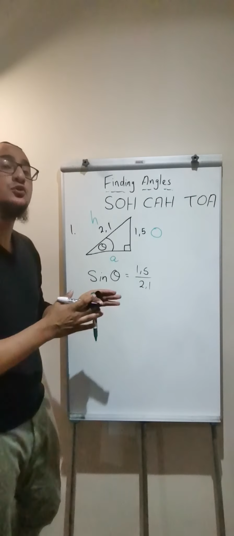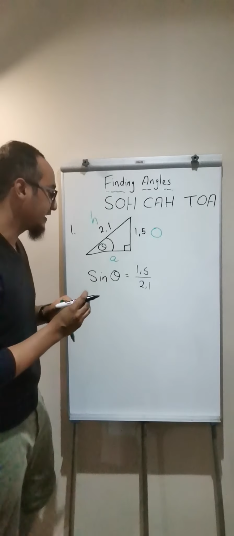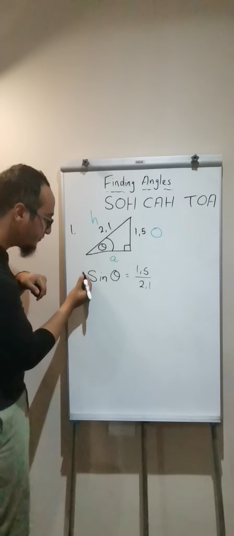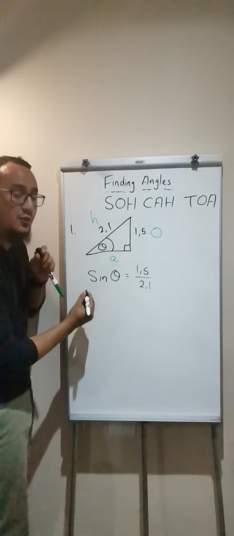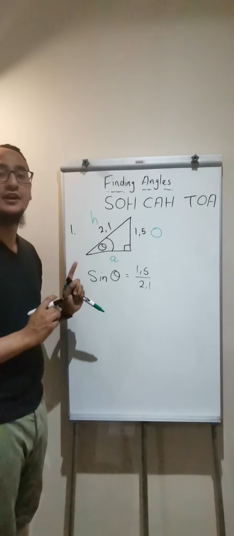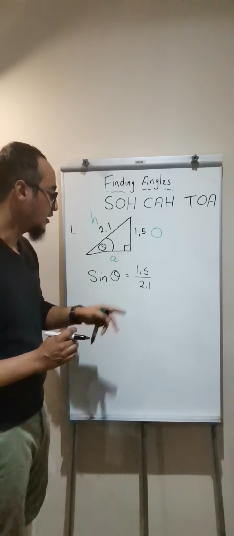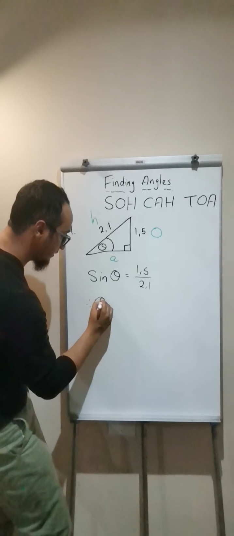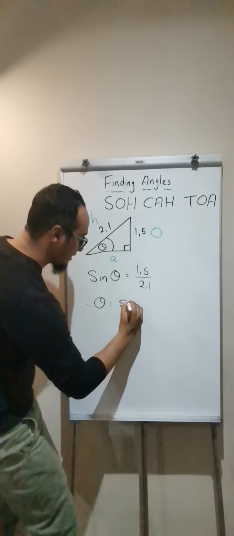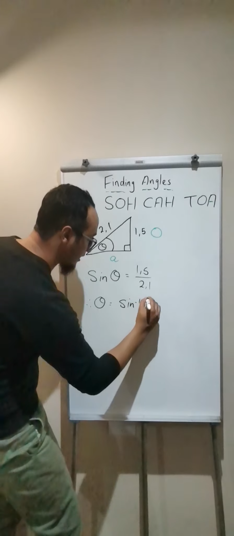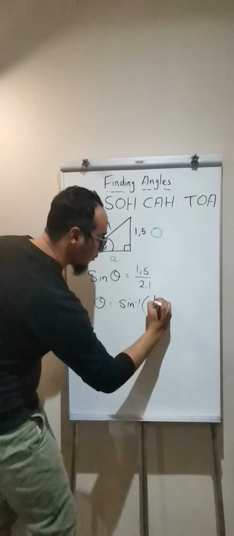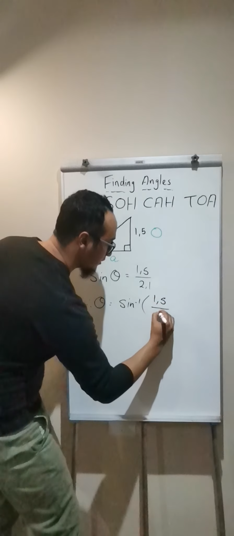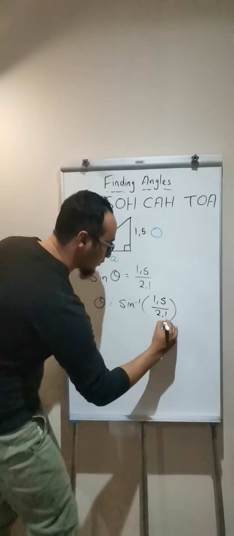And if I go to last week's lesson, I can immediately say that if the coefficient of my trig ratio is 1, I can find the inverse operation of my dimensions. Therefore, theta is equal to the second function of sine of 1.5 over 2.1.